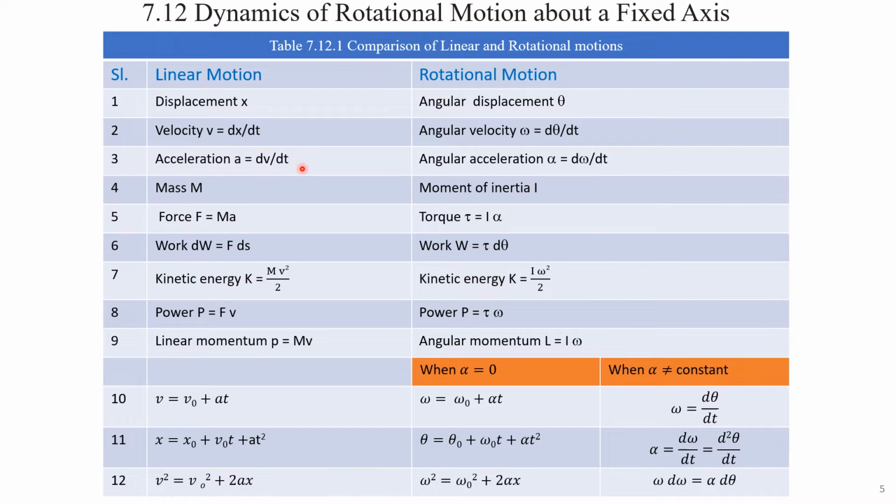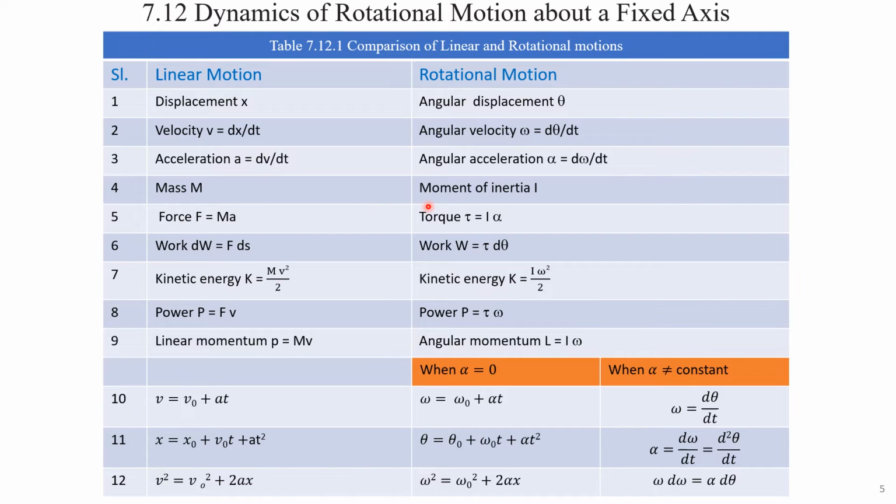The analogs of these three terms in rotational motion are angular displacement theta, which may be in degrees. Angular velocity is represented by omega, equal to the rate of change of angle, that is, angular displacement d theta by dt. Similarly, acceleration a is equal to dv by dt, and angular acceleration is represented by the symbol alpha, equal to d omega by dt.